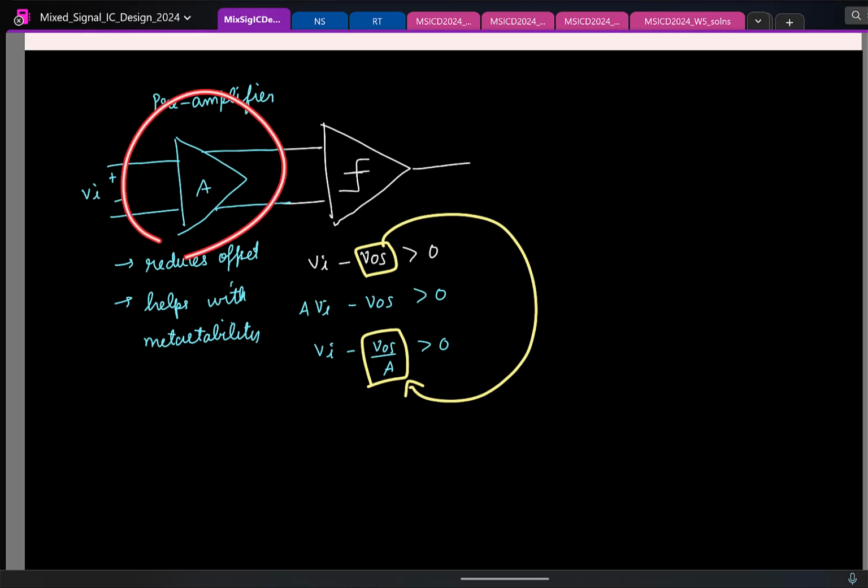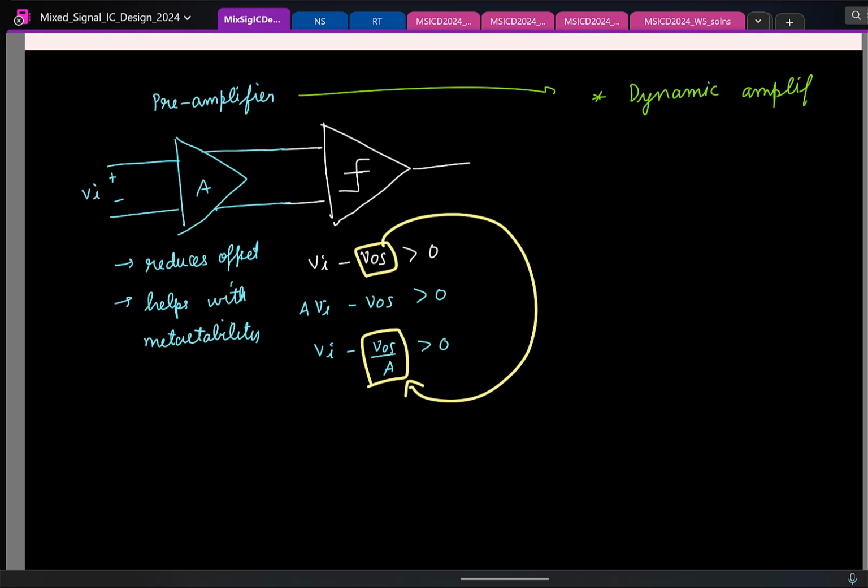Now if you go and put an amplifier, the traditional amplifiers will be consuming static power, which destroys the entire dynamic nature of the circuit. So in practice we don't try to have static amplifiers as preamplifiers. We try to use what are called dynamic amplifiers, which consume power only during clock transition.